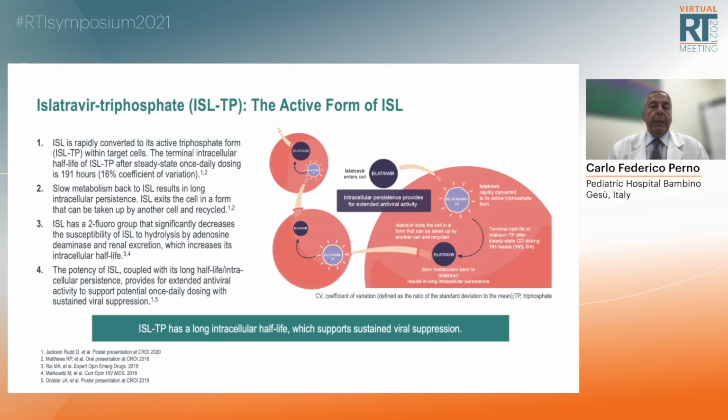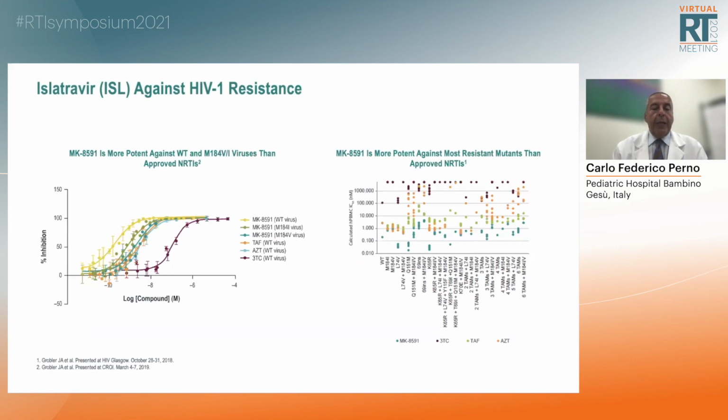In other words, there is a possibility that this drug is not administered every day, but can be administered every week or even once a month, or perhaps even more, because the concentration of drugs within the cells remains so high that it maintains an efficacy against the virus, even if the drug has been administered a long time before. How is it translating in a virological concept?